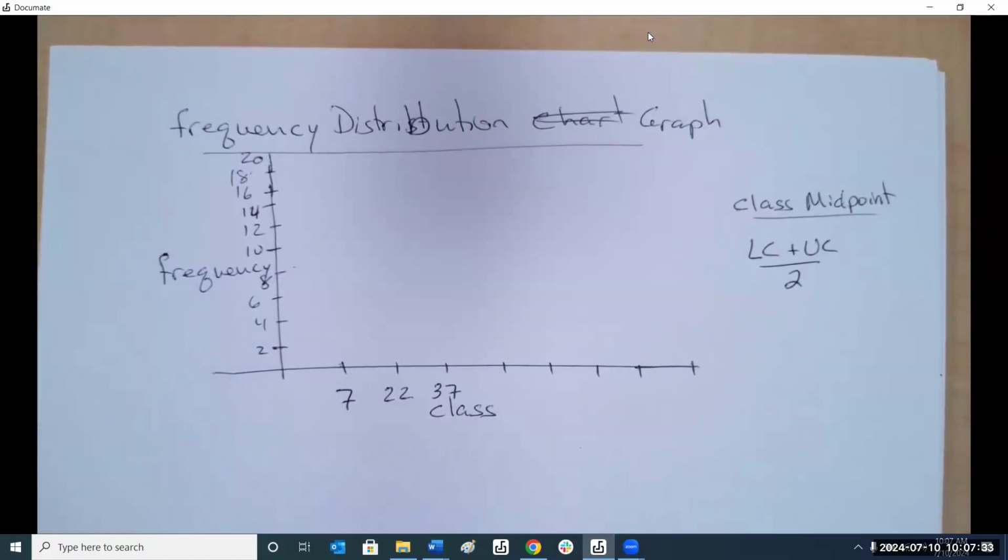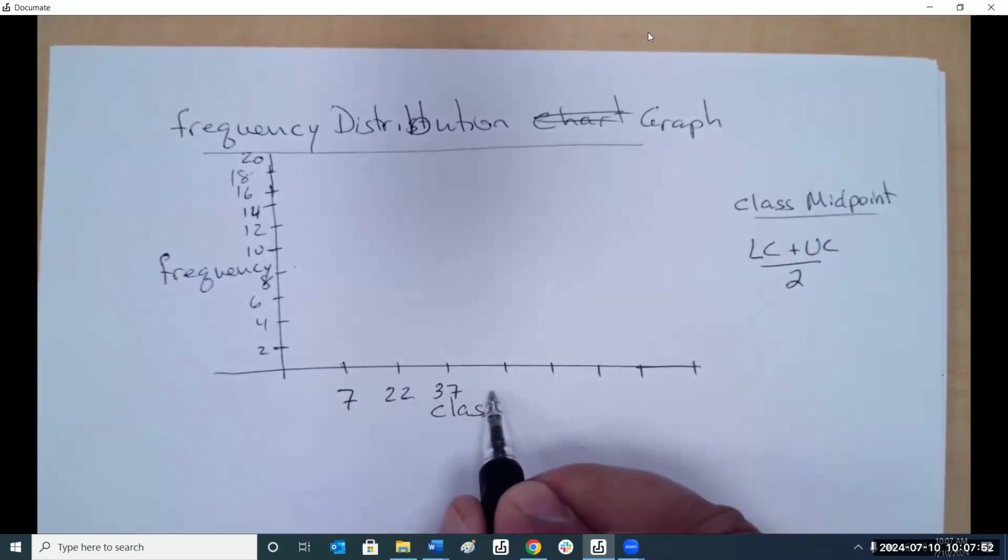I'm going to show you another shortcut. Remember our class width was how much? 15. How much is it between 7 and 22? 22 to 37. So you add 15.